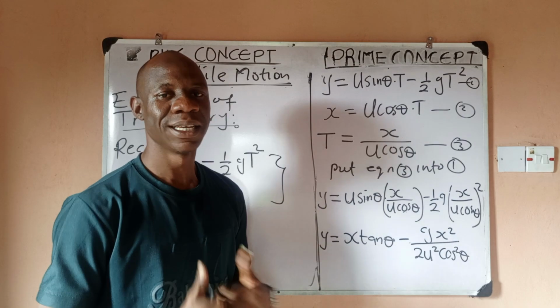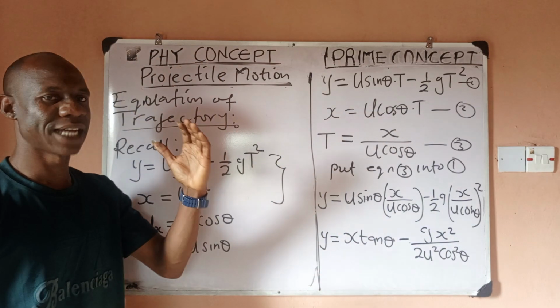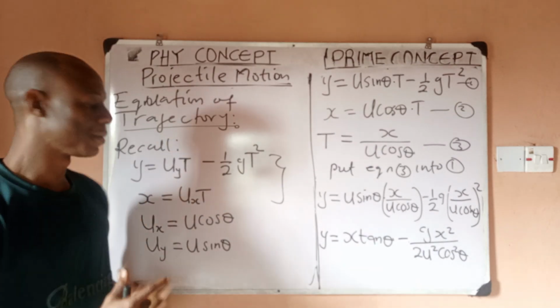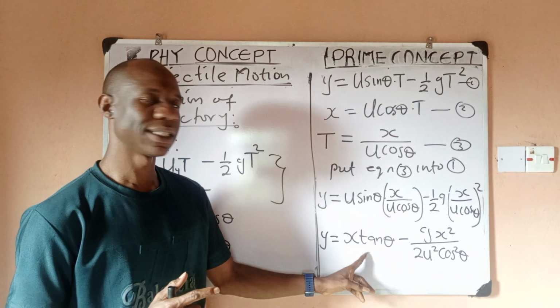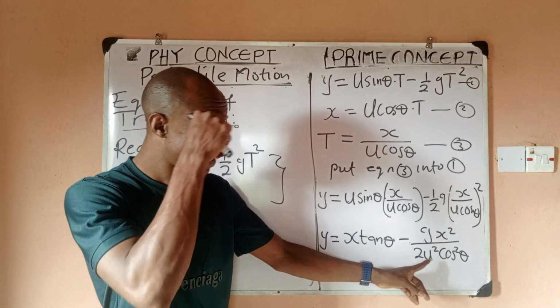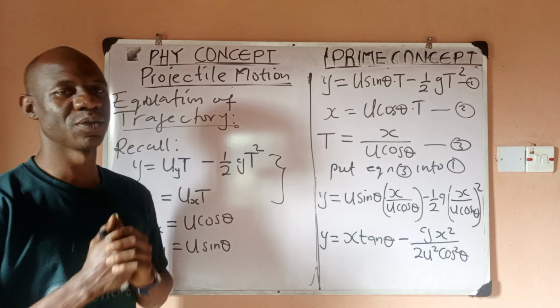So from this equation, it can be established that our projectile follows a parabolic path. And what is the equation of the trajectory? The equation of the trajectory is given by y equals x tan theta minus g x squared over 2 u squared cos squared theta. So we've been able to prove this.